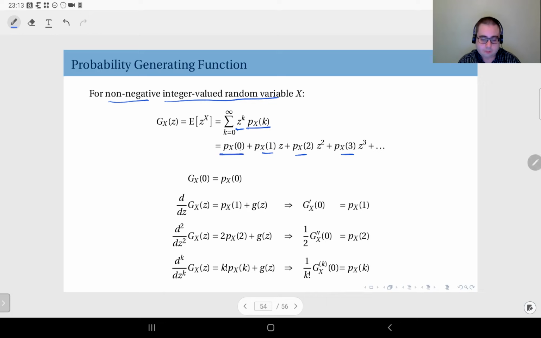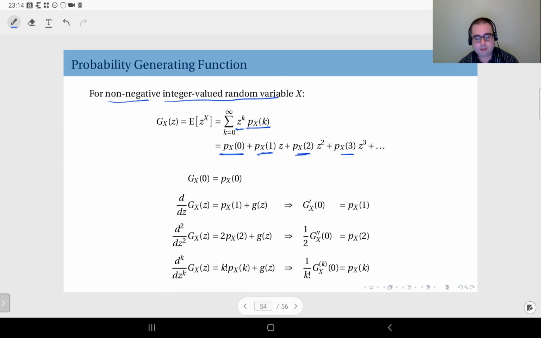So the probability at 0 times z to the power 0, plus probability at 1 times z to the power 1, probability at 2 times z to the power 2, etc., ad infinitum. Why is this called a probability generating function? Because, as we have seen, it is the generating function of the probability sequence.